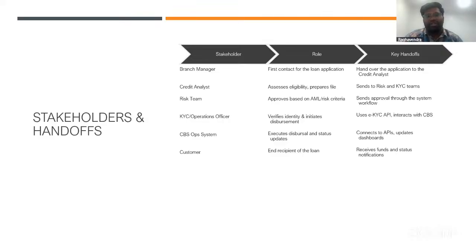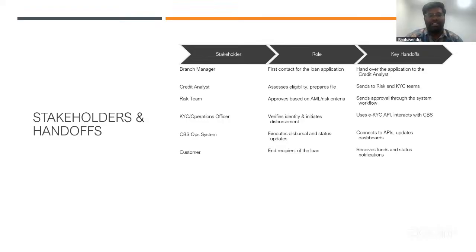What exactly they do is they use the eKYC APIs, and for their loan disbursement, they interact with the CBS system. And the big stakeholder, I would say, and the sole purpose of the new system, is the CBS Ops system. It handles everything in place.